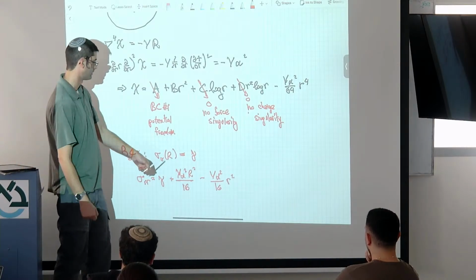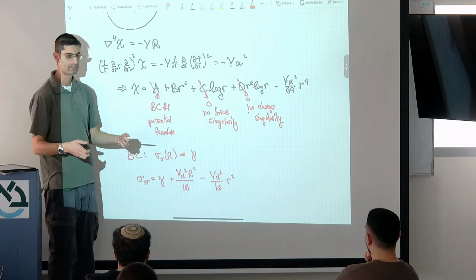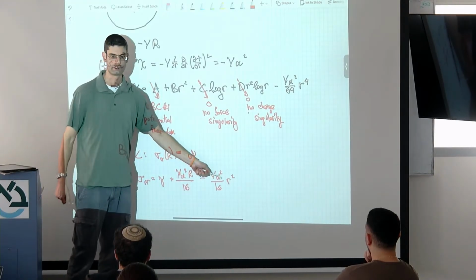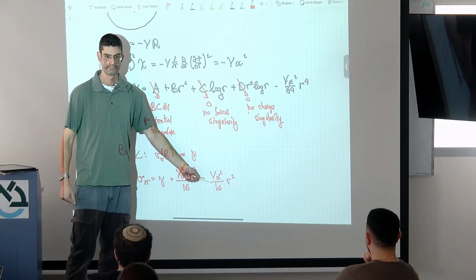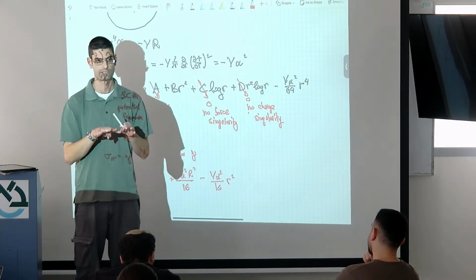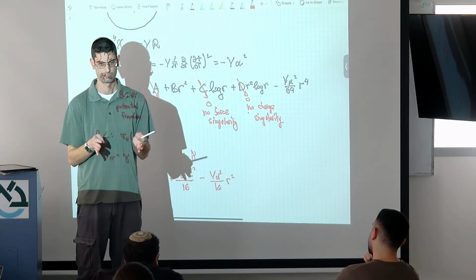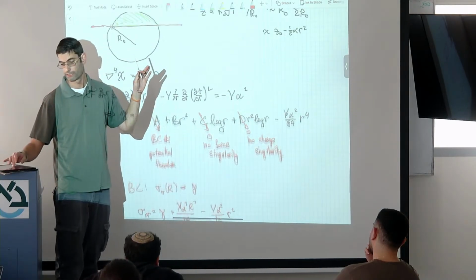This is what I want you to take away. The radial stress in the entire material is non-zero and it's inhomogeneous. It's changing as a function of r just because I forced the system into the third dimension. So you cannot think of this system as being relaxed.